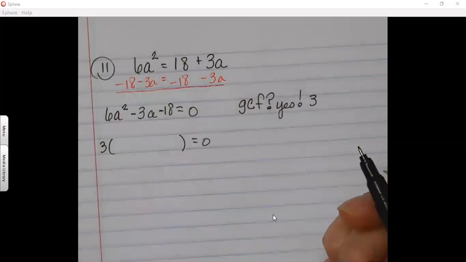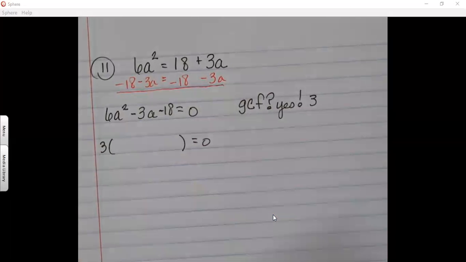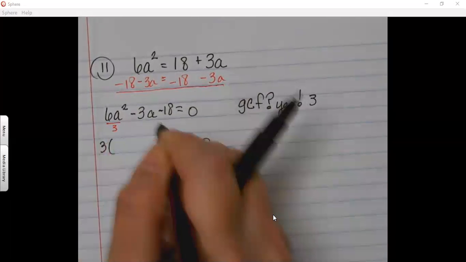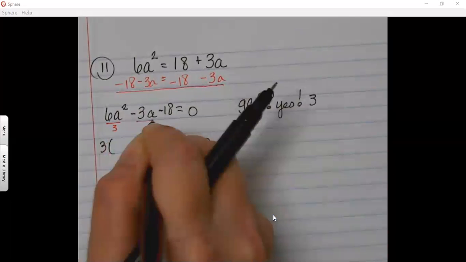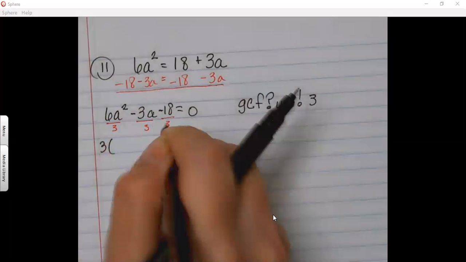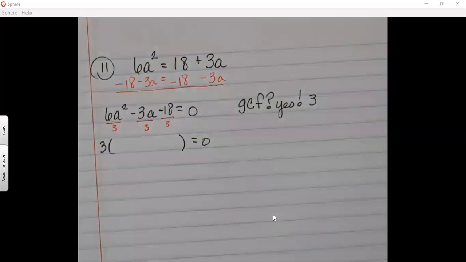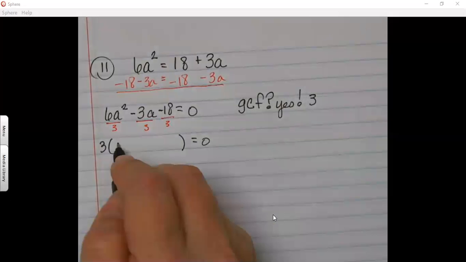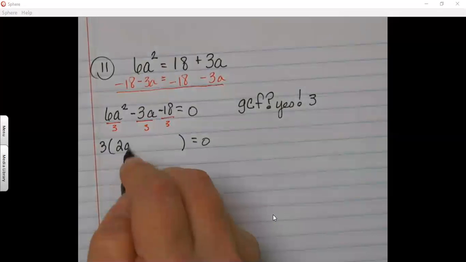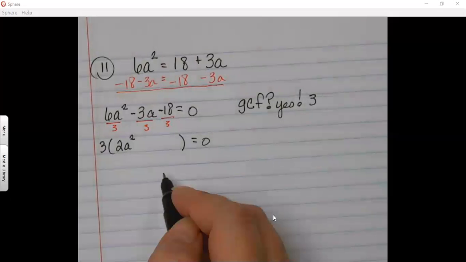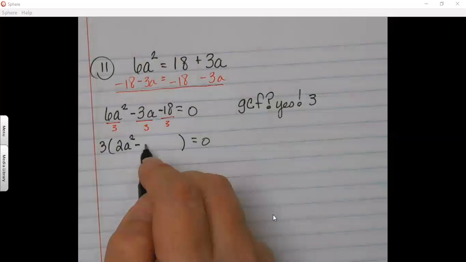To figure out what's left inside the parentheses, I divide each term by 3. What is 6a squared divided by 3? 2a squared. What's negative 3a divided by 3? Negative a. What's negative 18 divided by 3? Negative 6.